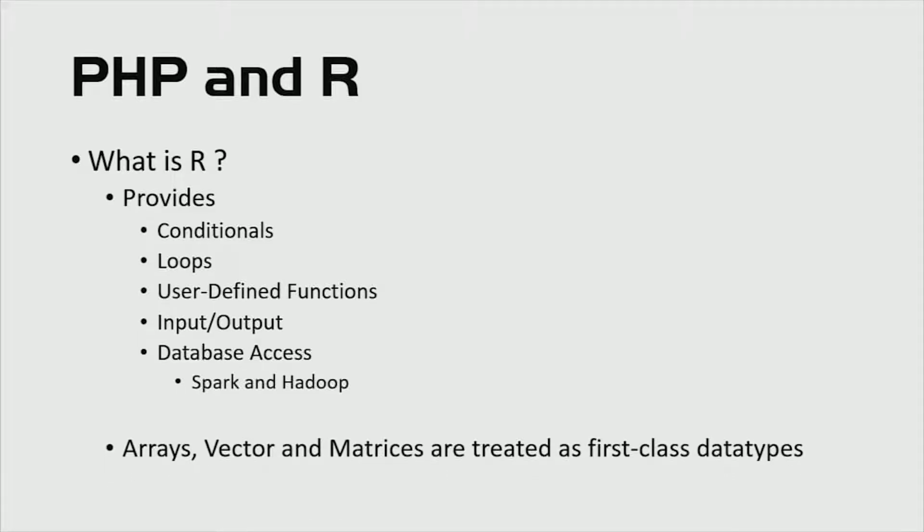What makes it a bit different to some other languages is that certain types of data structures, arrays, vectors, matrices, are first-class data types. They're not plug-in extras. All your basic operations, like your mathematical formulae, addition, subtraction, will work on arrays, vectors, and matrices, as well as scalars and numerics.